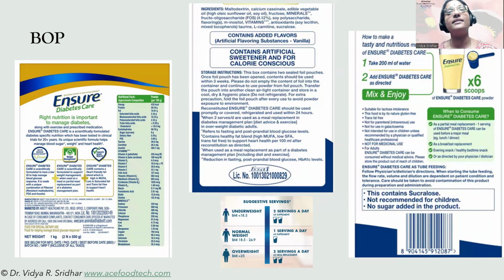So it's not that the manufacturer has just decided to do this. It is a regulation that the FSSAI body is asking the manufacturer to follow, so that you have to bold these things and write them this way. Similarly, the storage instruction, and then you have the mix instructions on the right.